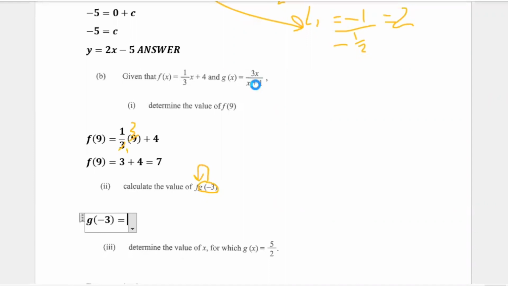So you're doing 3 being multiplied by -3 divided by -3 plus 1.